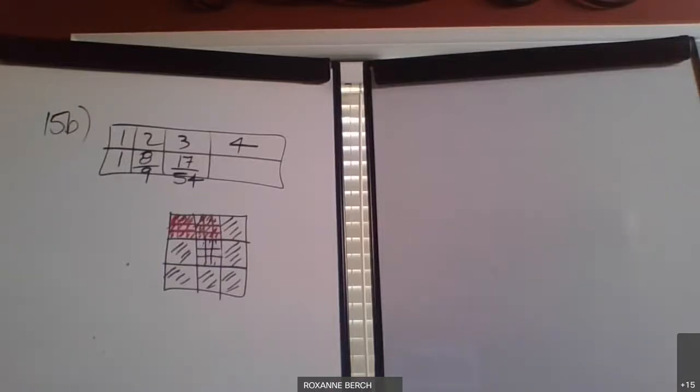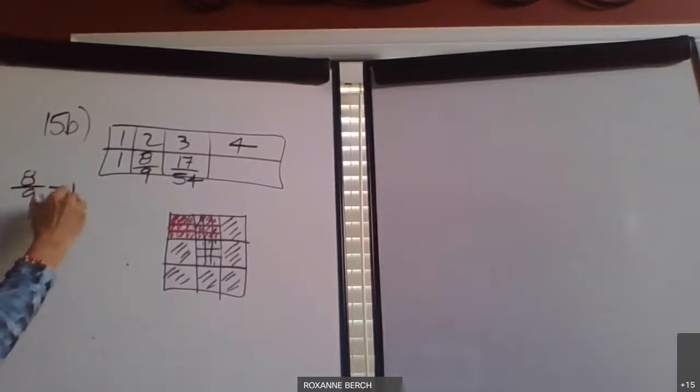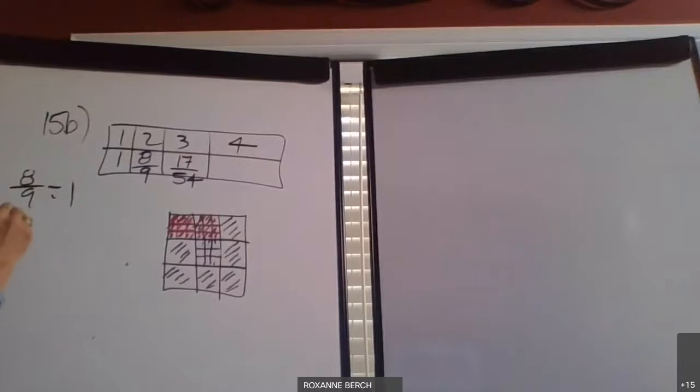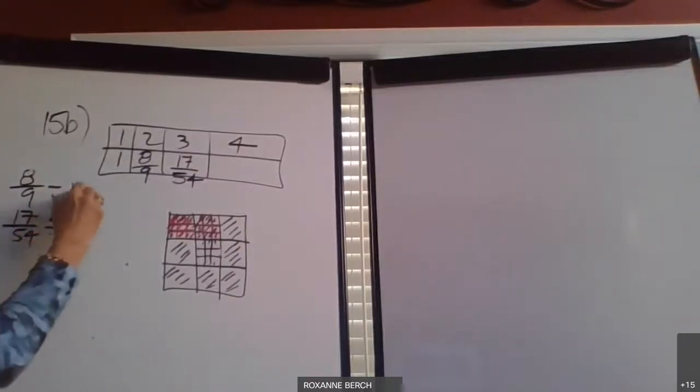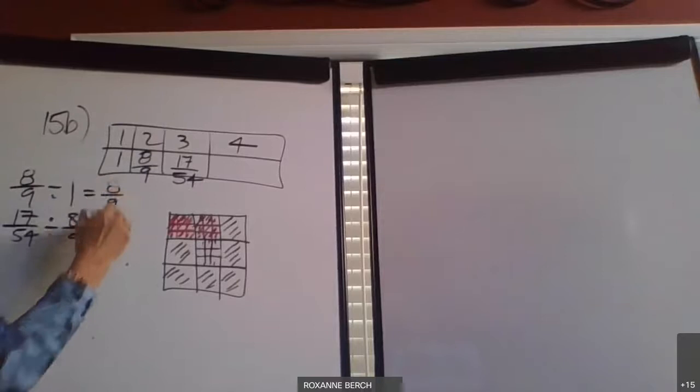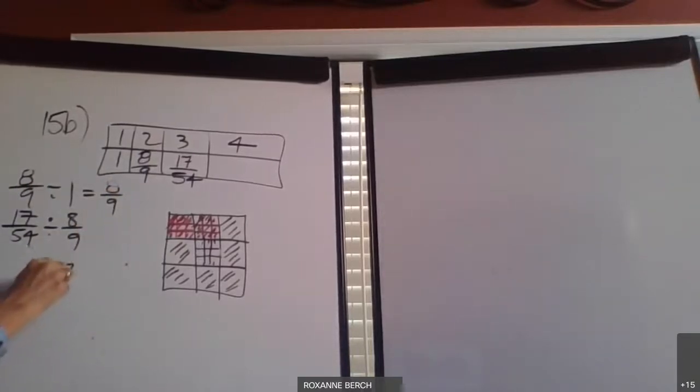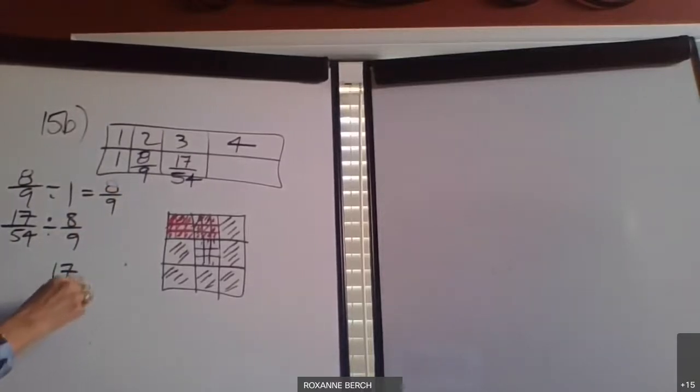So let's see if we can find the common ratio. So it would be 8/9 divided by 1. It would be 17 over 54 divided by what? So 8/9, that would just be 8/9. And what is 17 over 54 times the reciprocal?